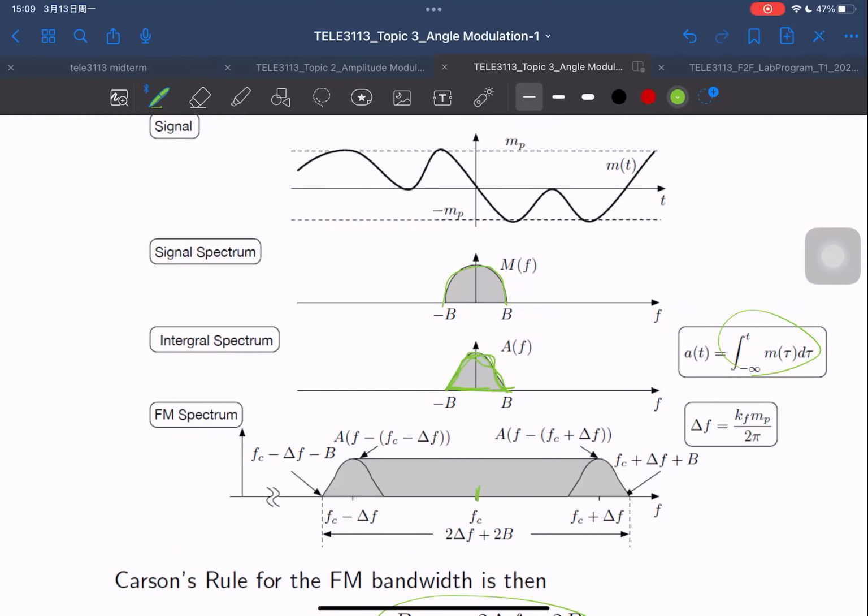Everyone familiar with this expression? So cos omega t essentially is just half of e to the j omega t plus e to the negative j omega t.